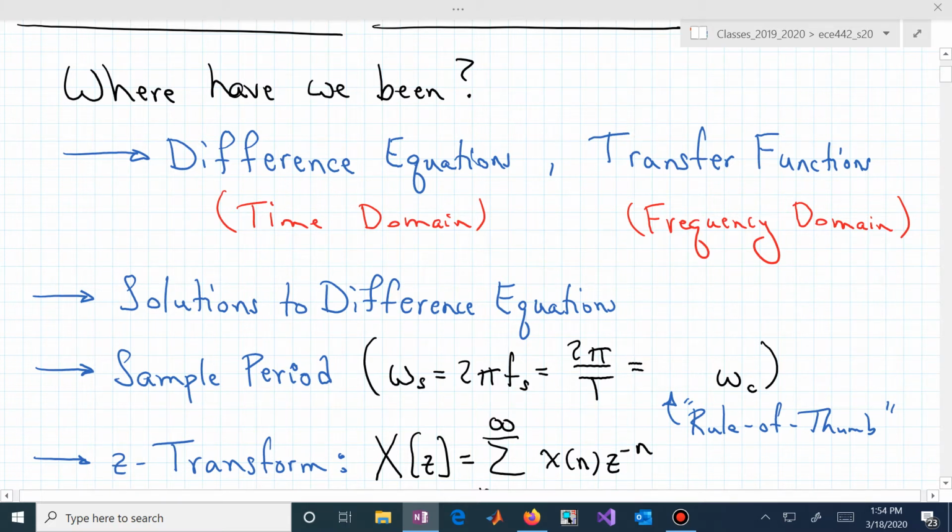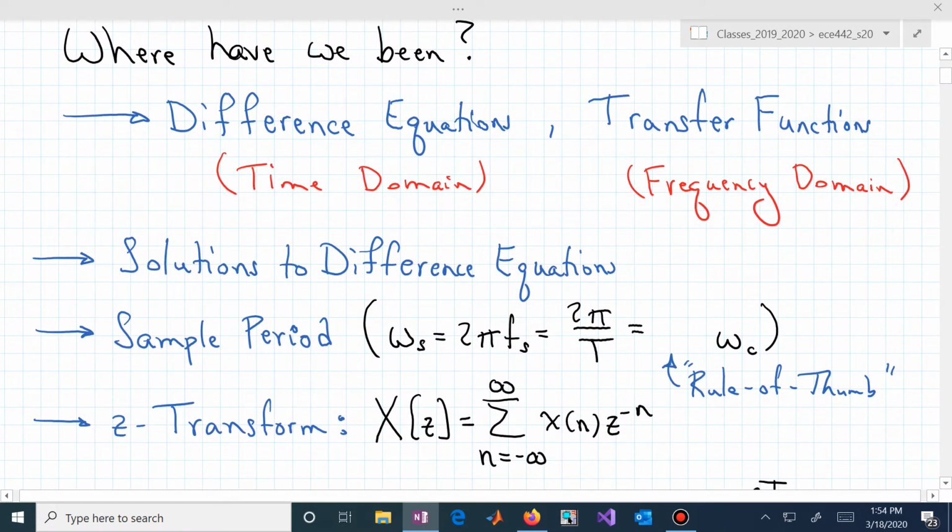And we learned how to solve difference equations similarly to how you learned how to solve differential equations in a differential equations class. We can look at equations that are non-forced or homogeneous, initial condition type problems. And we know how to solve difference equations that are forced.